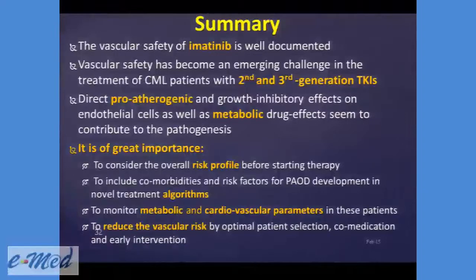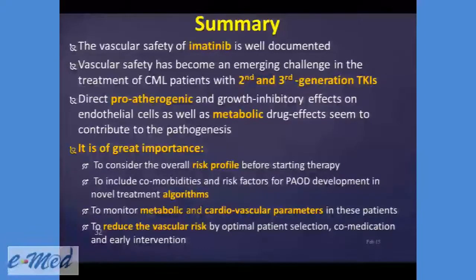So to conclude, imatinib is considered rather safe in terms of cardiovascular toxicity, while the second and third generation TKIs are less safe. The pathogenesis of vascular adverse events induced by these TKIs is still unknown, but it seems that direct pro-atherogenic and growth inhibitory effects on endothelial cells, as well as metabolic drug effects, contribute to the pathogenesis.